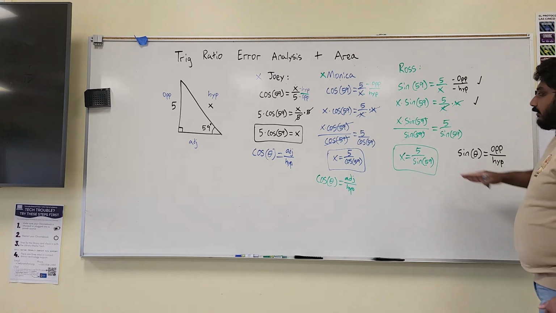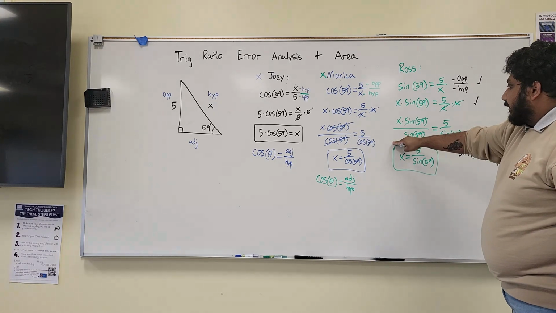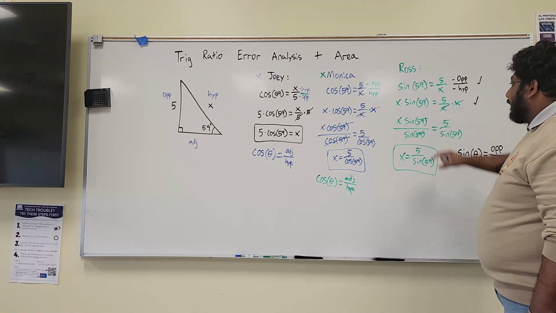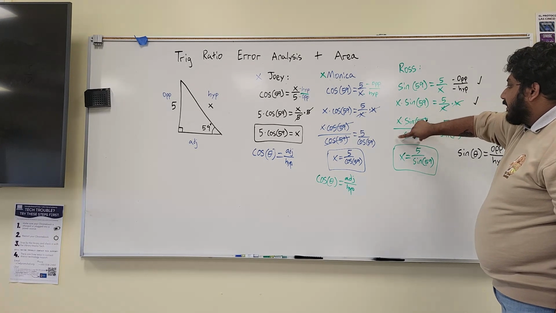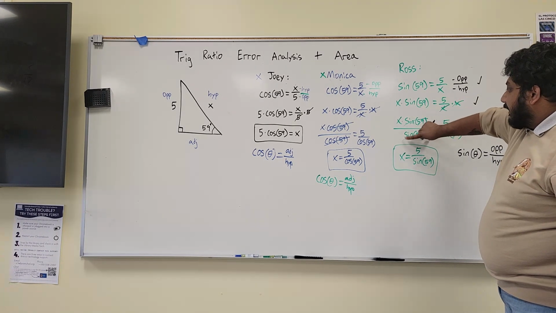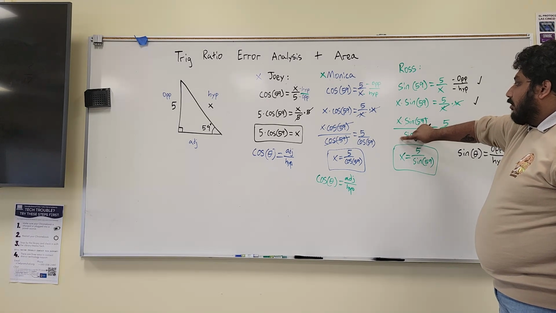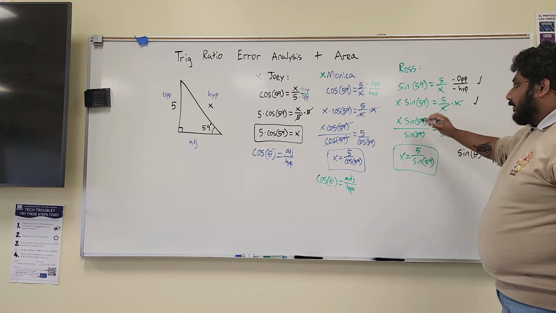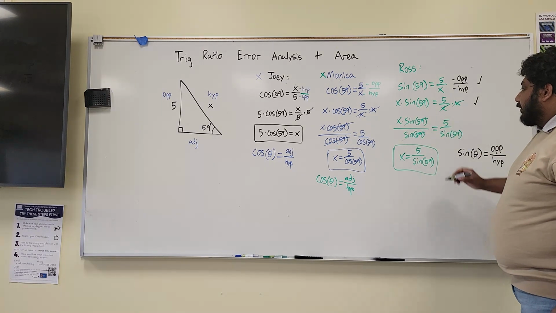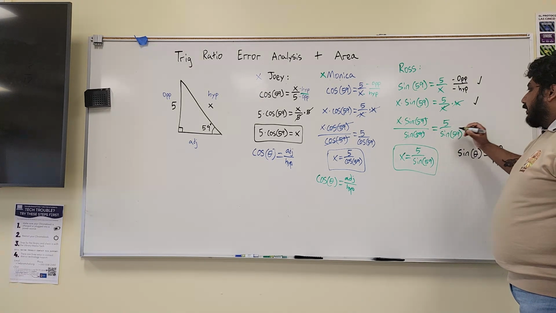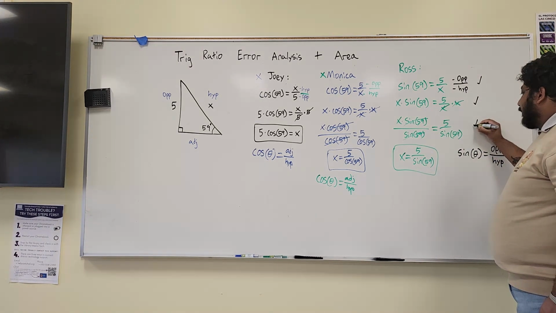Then we've got this next step. He divides by the sine of 59 on both sides to get x by itself. Remember, sine of 59 is just some number, so a number divided by itself will always work out in this case. It'll cancel out. We did it on one side, and we divide on the other side as well. That step's correct.